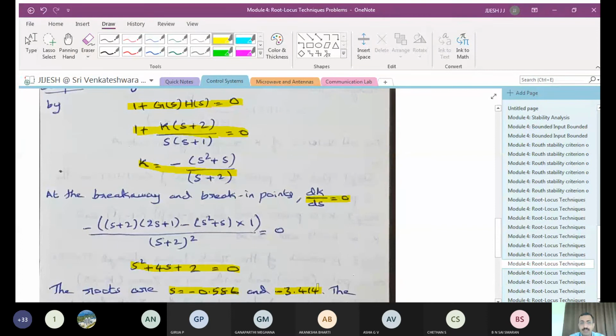Now we need to find out which one is the breakaway point and which one is the break-in point. All of you got the values of s as minus 0.586 and minus 3.414.